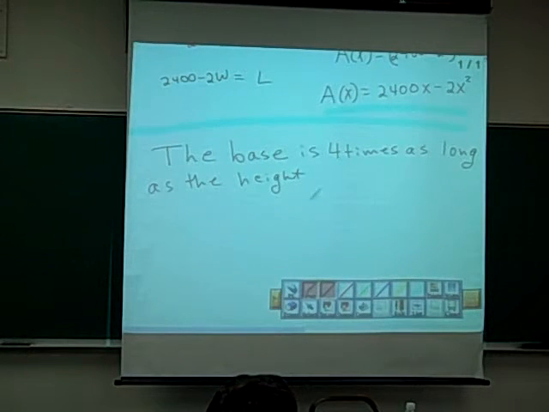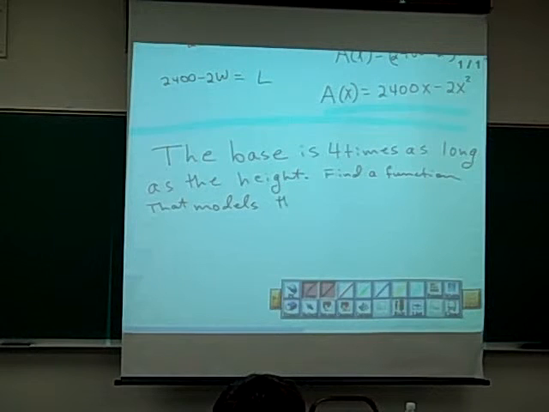Okay? And we want to find a function that models the height in terms of the area.